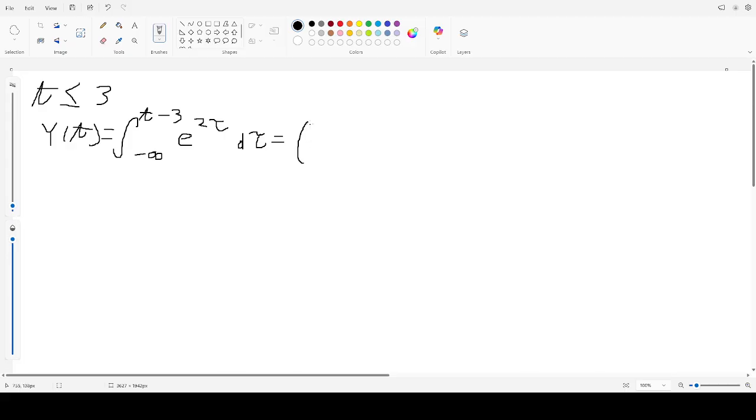That's fortunately easy enough to do. 1/2 e to the 2 tau from negative infinity to t minus 3, which might seem nasty with the negative infinity, but e to the negative infinity is 0. So this is 1/2 e to the 2 times t minus 3, minus 0. So just that part.